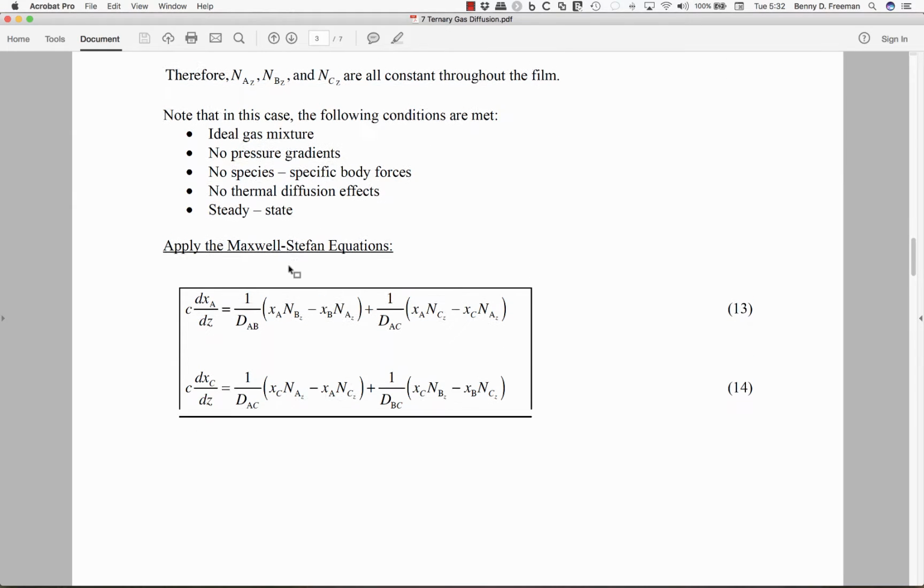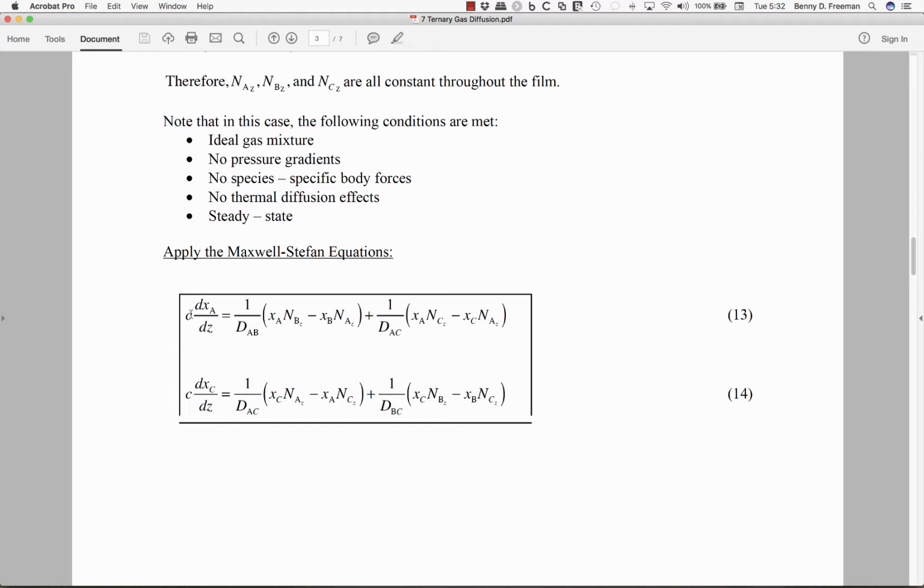And so we go to the Maxwell-Stefan equations, and I've written the Maxwell-Stefan equation for two of the components. You could in fact write this for all three components, A, B, and C, but those three relationships are not independent, because the mole fraction of A plus that of B plus that of C has to sum to 1.